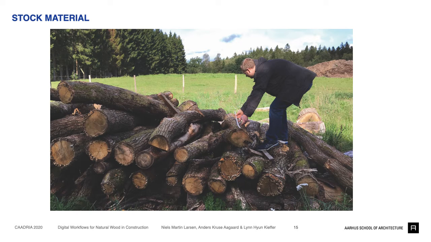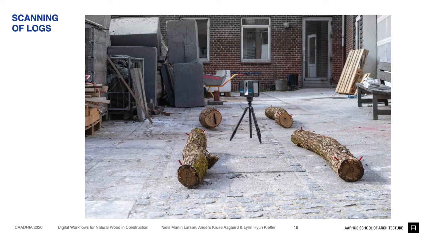So we pick up oak logs at a local sawmill. Before the scanning, the saw logs are marked with 3 red dowels for later positioning. We scan the logs with a focus laser scanner.